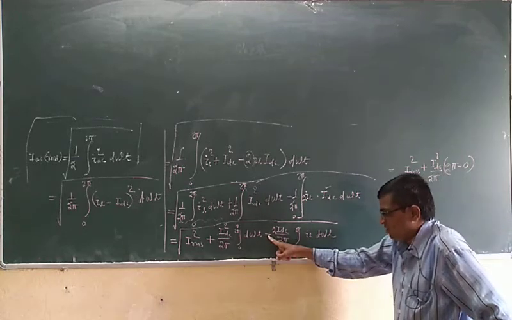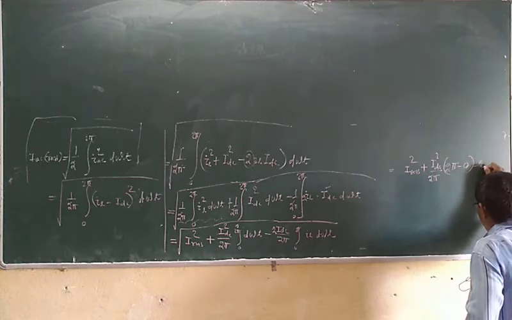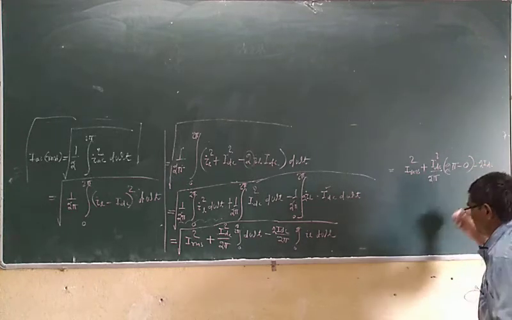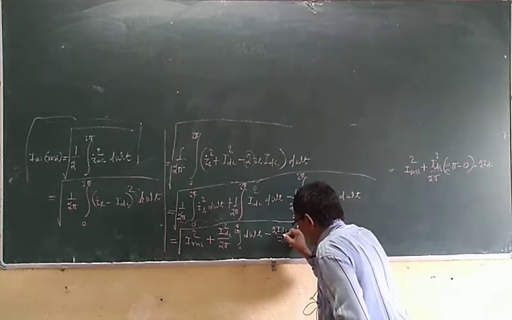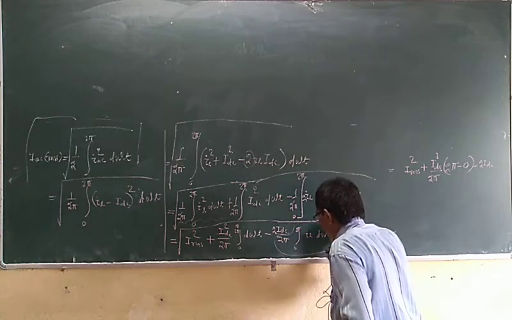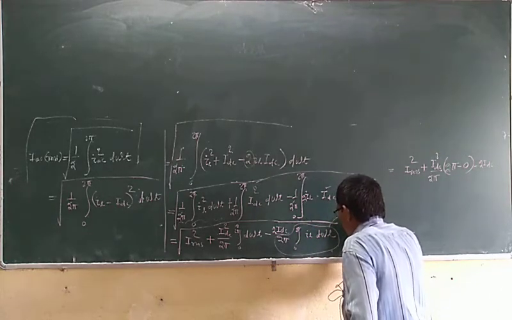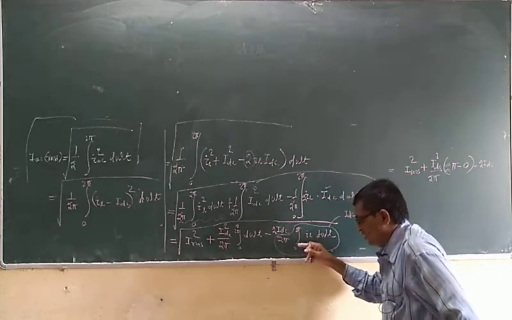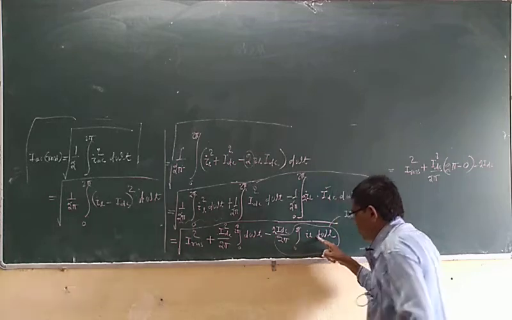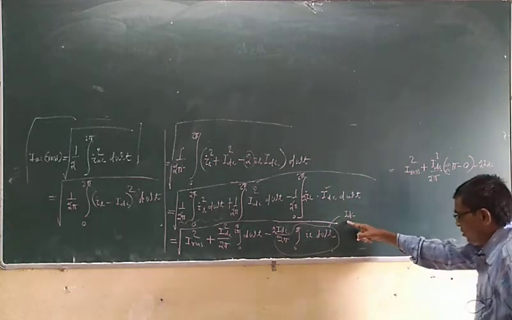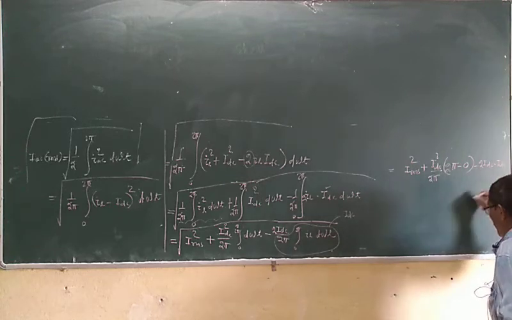Then minus 2 IDC, this is a DC value. Now this term is a DC value, that is the IDC. In the previous class we said that 1 by 2 pi, 0 to 2 pi IL d omega t is the IDC. Now we write it directly as IDC under root.